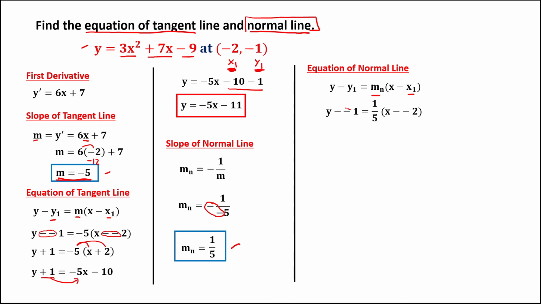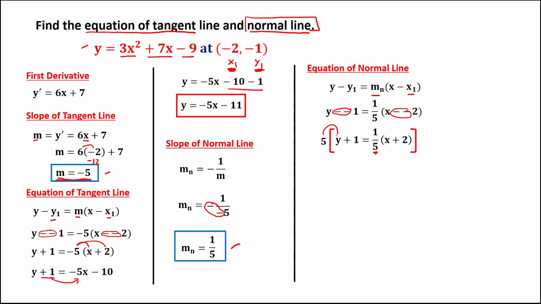To simplify, this double negative becomes positive, and also this double negative becomes positive. Since this equation contains a fraction, we first need to eliminate the denominator by multiplying the whole equation by 5.